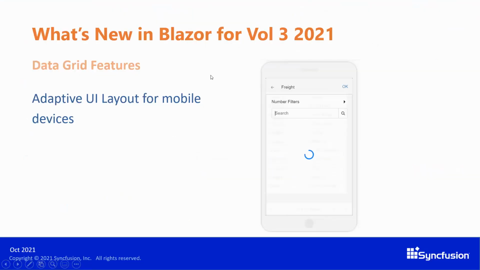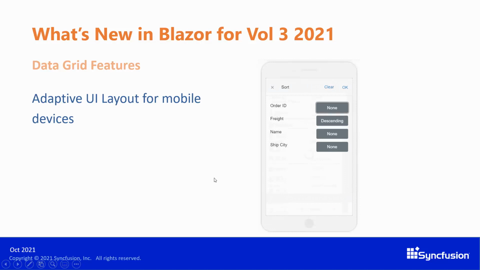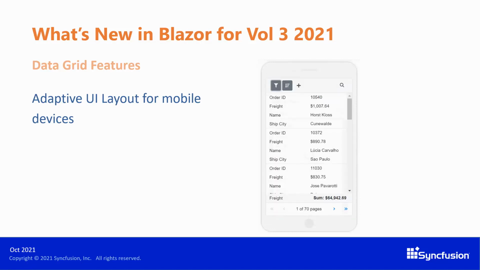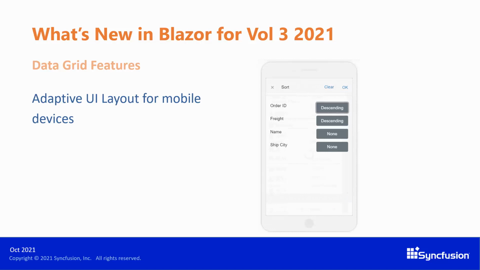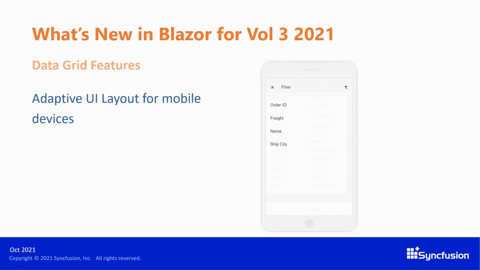So next we'll look at the new features added to the Data Grid component for this Volume 3 2021 release. A new adaptive UI layout support has been added to the Data Grid to have a better view on smaller screens. You can see the Data Grid's UI is completely customized and redesigned to have a better view on mobile devices.